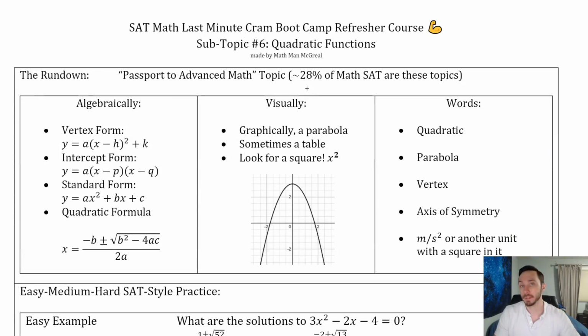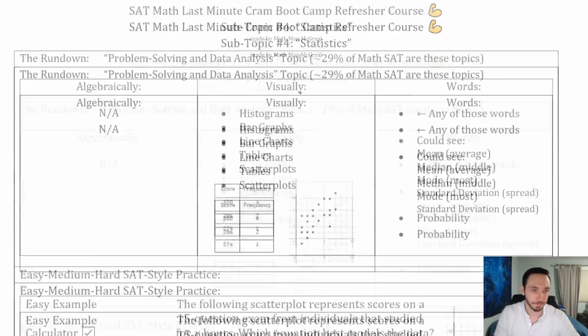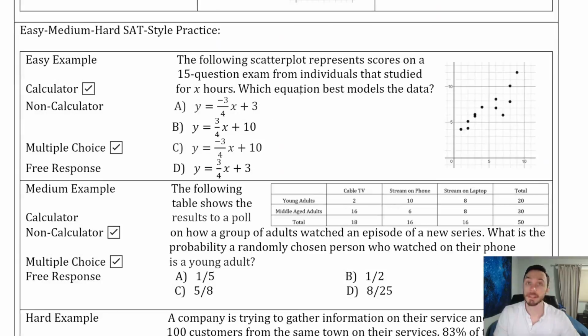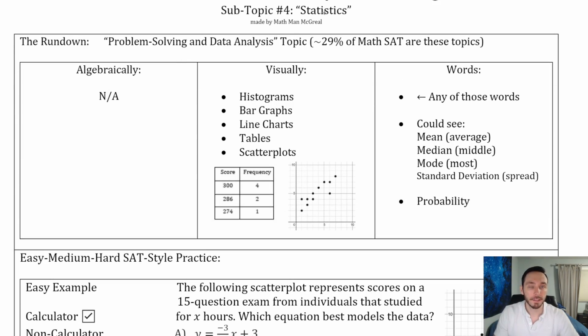Passport to Advanced Math, only 28%. And then your geometry topics are only 10%. So that's going to be the majority of your test in terms of the topics, not overall.